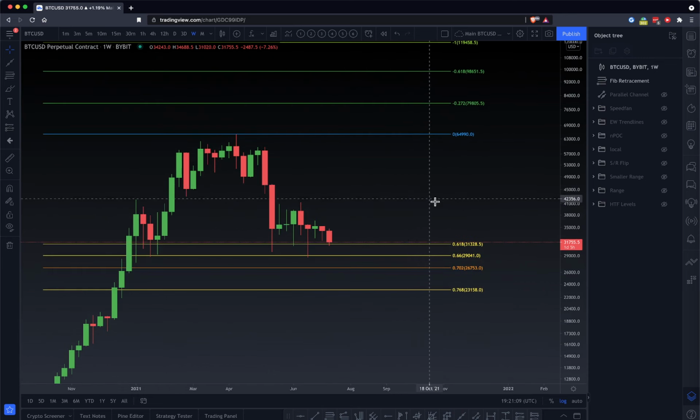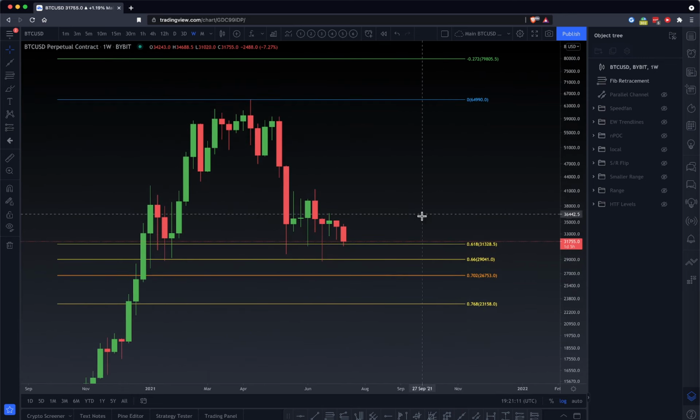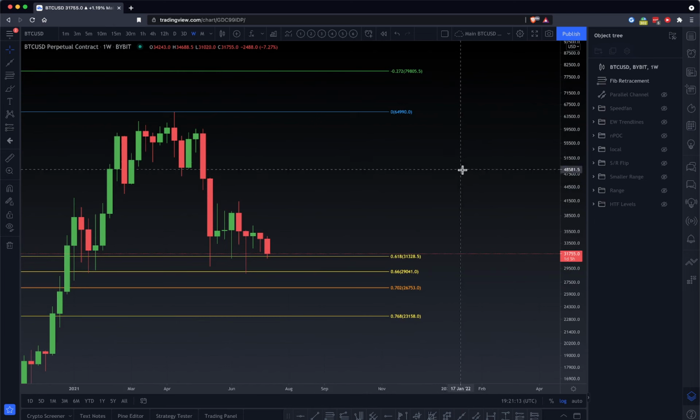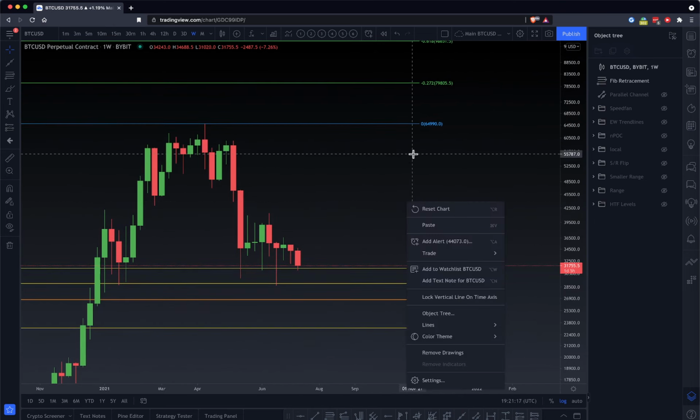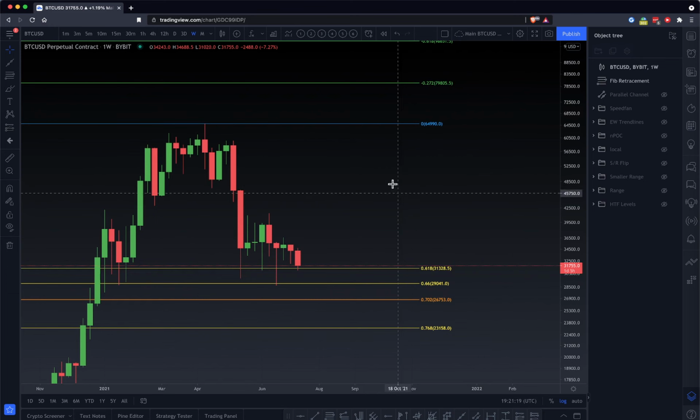Everyone will miss out, I think. Again, I think there will be more consolidation above here if we get there before we go up, rather than just going straight up.